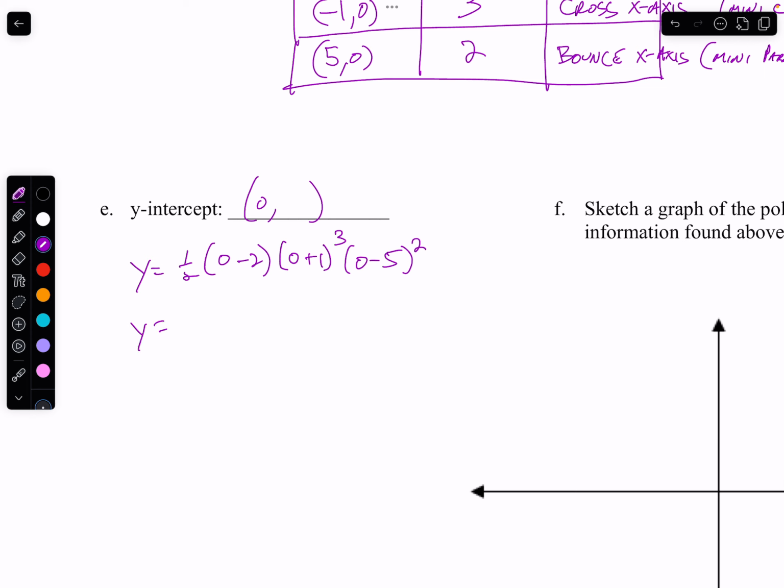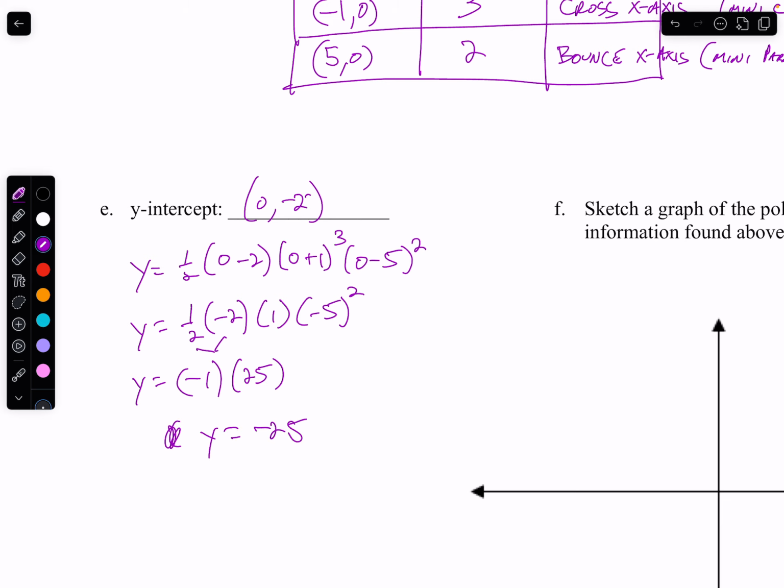So I do that out, I get 1/2 times -2 times 1 to the third times (-5) squared. So that'll be y equals, I'll multiply these together and get -1. And then times 1 is still just -1, and then (-5) squared is 25, and we're getting y equals -25. So our y-intercept is -25.